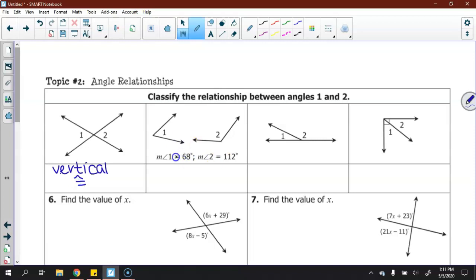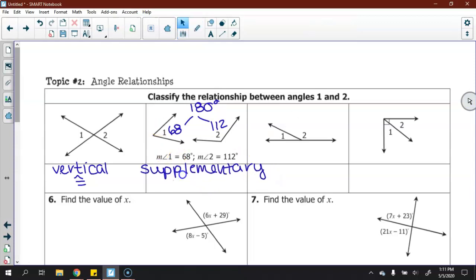So for this one, this is 68, and then angle 2 over here is 112. And if I add those two together, I get 180 degrees. So because of that, that makes these two supplementary, because they add up to 180 degrees.